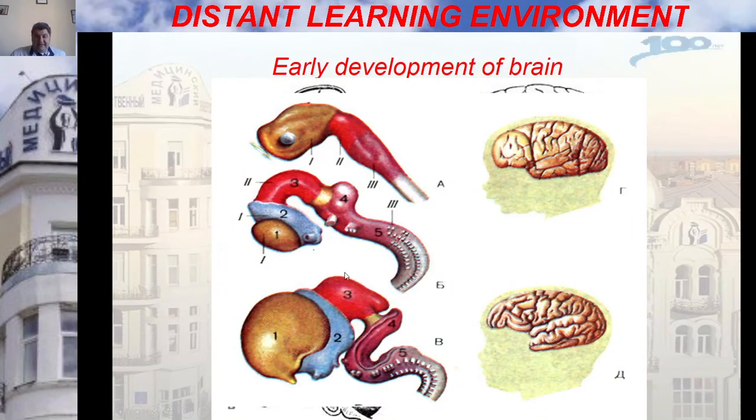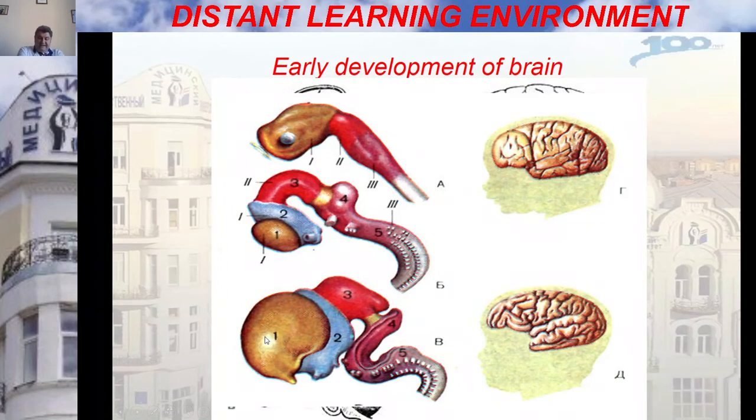The mesencephalon in red color in number 3, or midbrain, and also prosencephalon or the forebrain, in which are distinguished the diencephalon in blue color in number 2 and telencephalon. So diencephalon in English is between brain, and telencephalon is end brain.